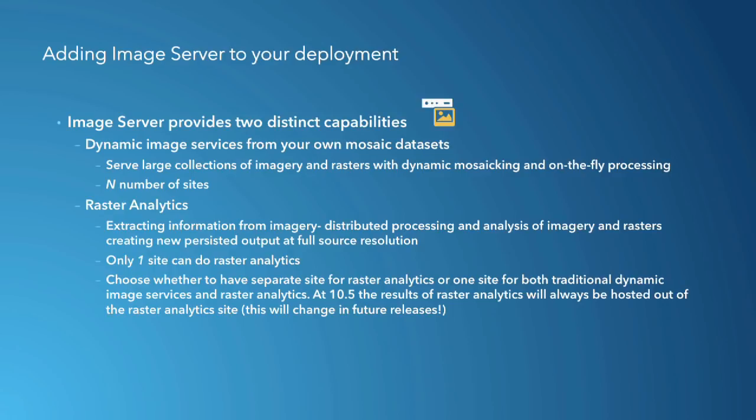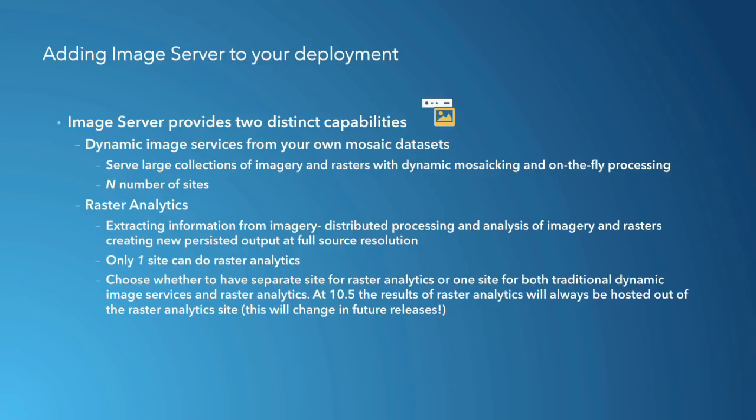New at 10.5 is what we call raster analytics. Instead of dynamic image services that do it on the fly and don't store the result, but do it really fast at display resolution, raster analytics is about being able to apply those same raster functions and raster models that you build to an entire mosaic data set, large volumes of imagery, whatever it might be, and then persist the result.